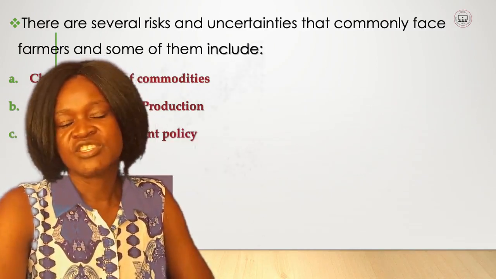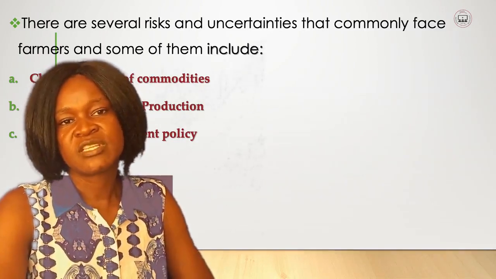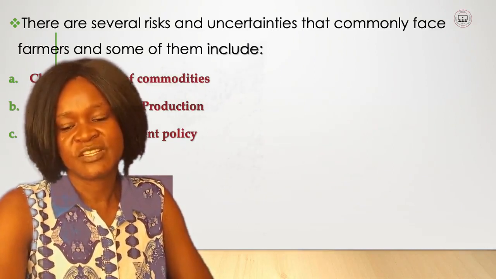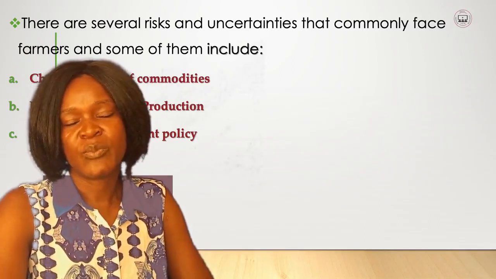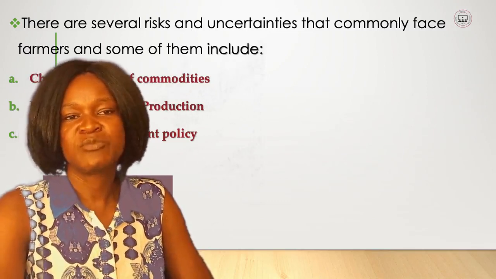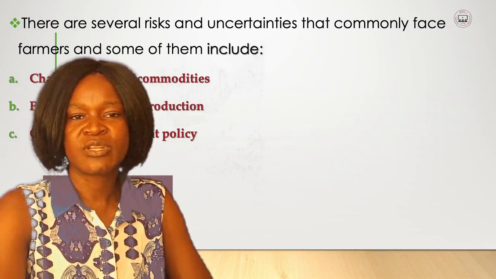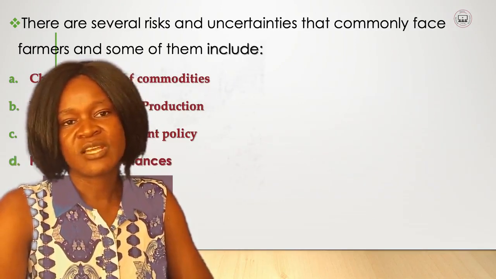Apart from that, change in government policy. The government policies are revised almost each and every time. So maybe when you were planting your crops or rearing your animals, the policies were different. When it comes to time for selling, the policies have also changed. Apart from that, personal circumstances.